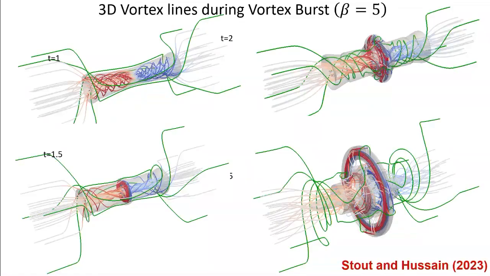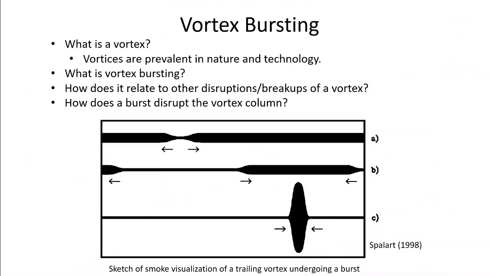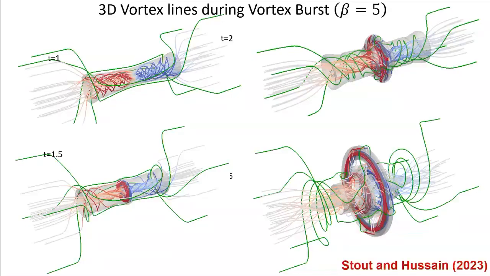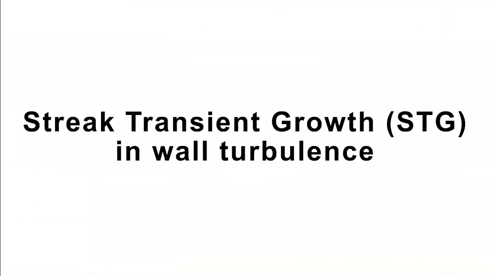Another aspect he studied is that core dynamics can erupt. This is vortex bursting due to strong core dynamics. You can have a generation of additional vortices that move radially outward, and this clarifies what is the so-called bursting.